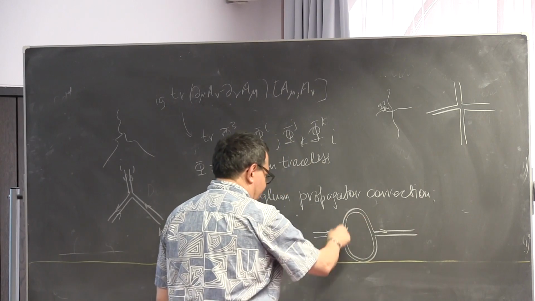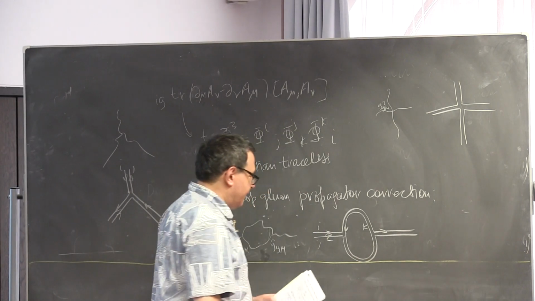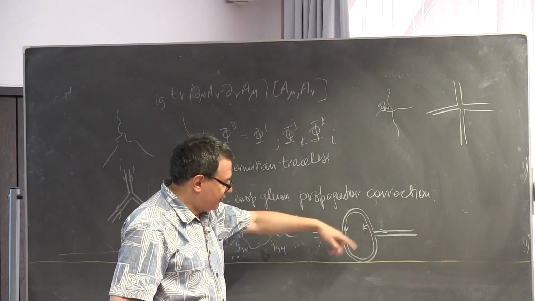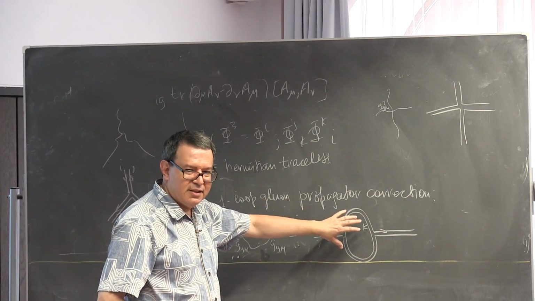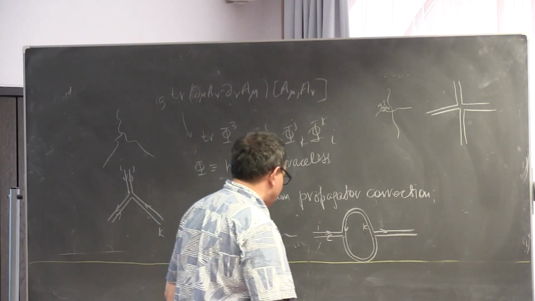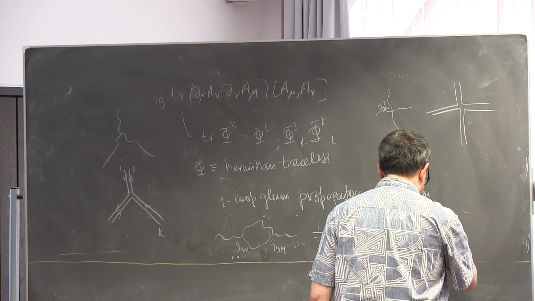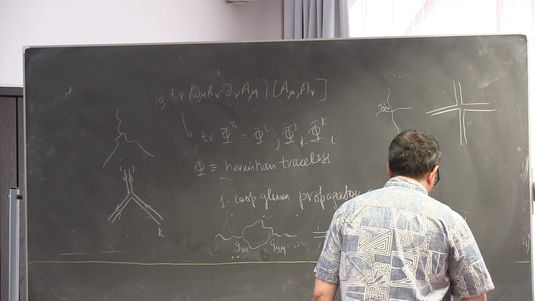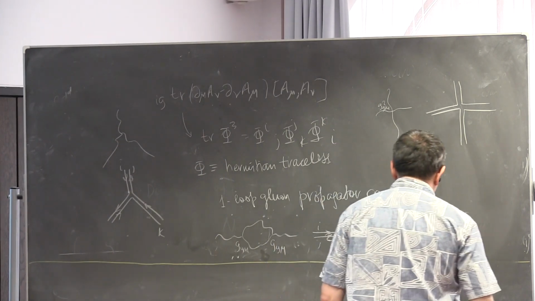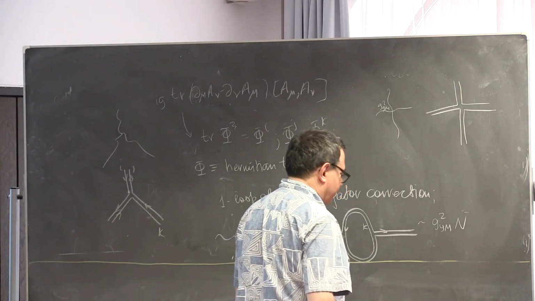And this index here, say ij, and this is some index k that can take any value. Since it can take any value, there are N separate contributions to this graph. So this graph is therefore of order g Yang-Mills squared N, compared to the free propagator, which is just of order 1.